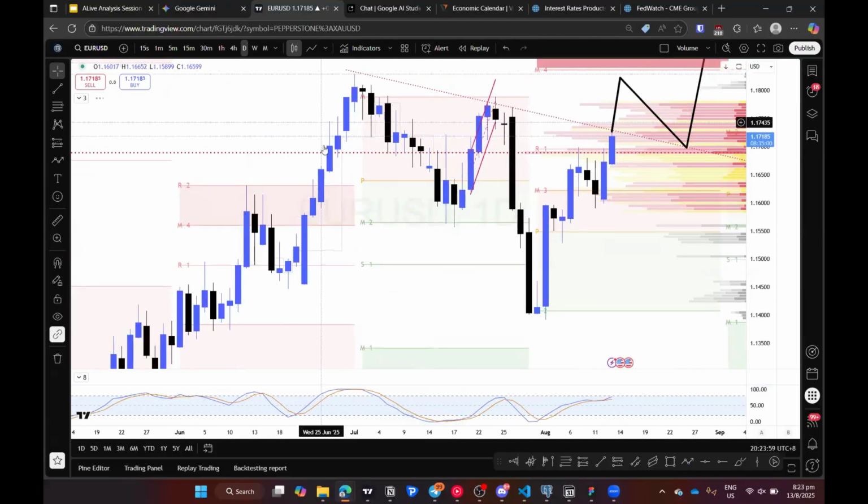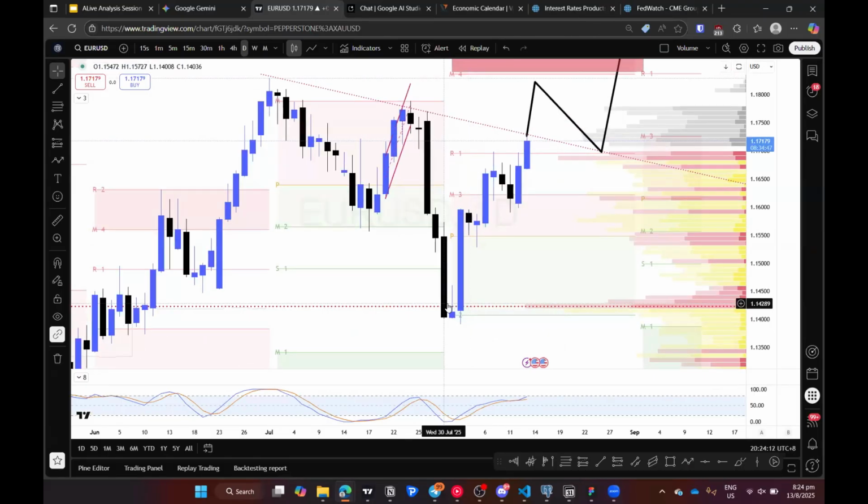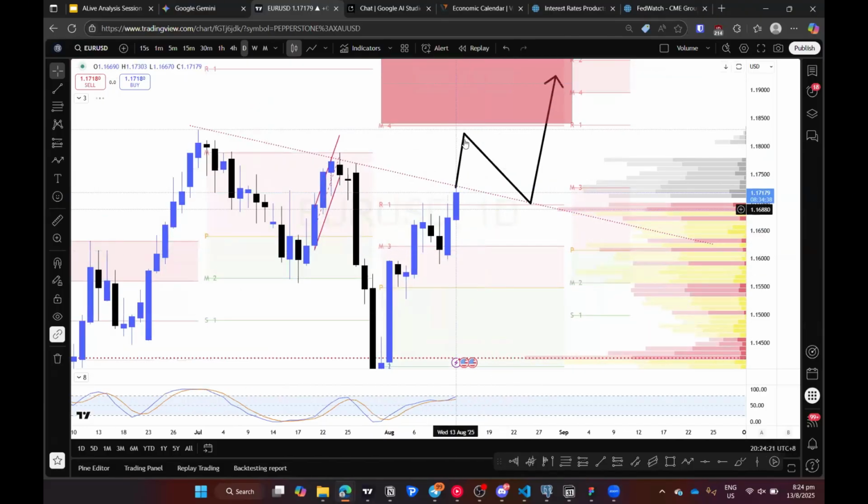Again, we closed above June's R2. This was a support, didn't make the higher high, and therefore it cuts right through. And then right now we see it break above M3. M3 is going to act as that support. And then right now we're going to move up and then retest back at R1 again.